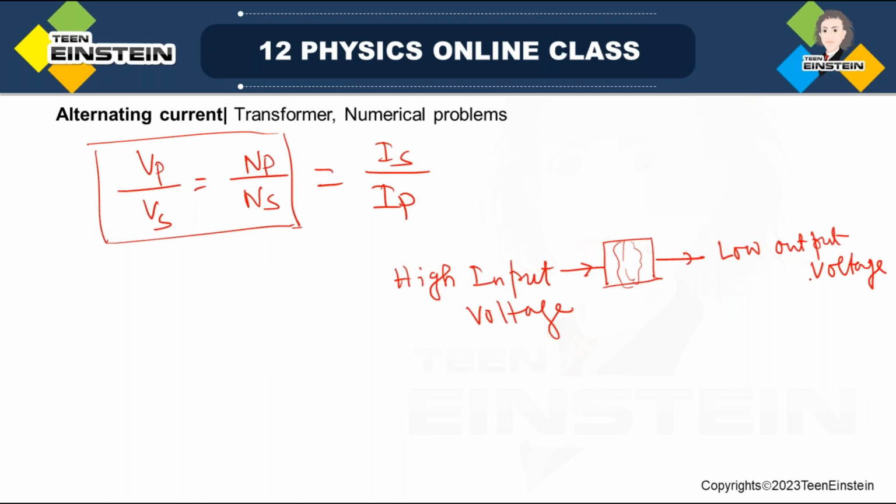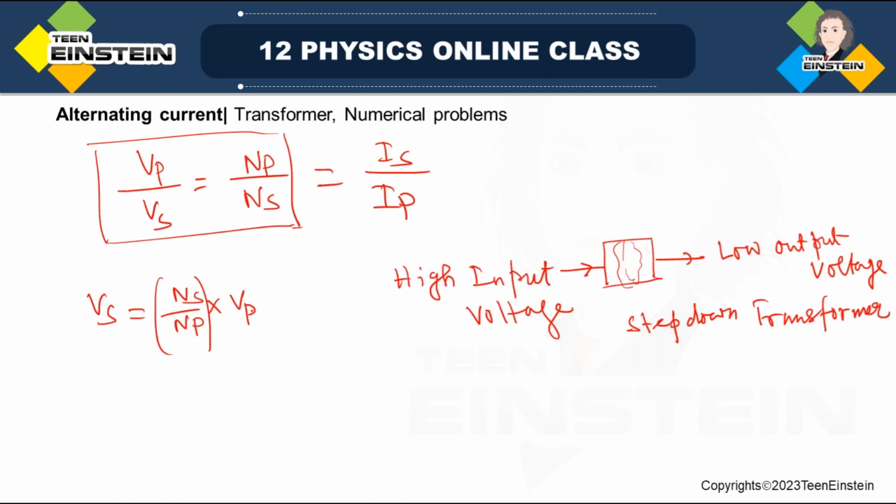If I want to get this, look at what I should do. Just by altering the number of turns in the primary or secondary, we can make a step up transformer or a step down transformer. This is a step down transformer. In the step down transformer, I need Vs equal to Ns by Np into Vp.